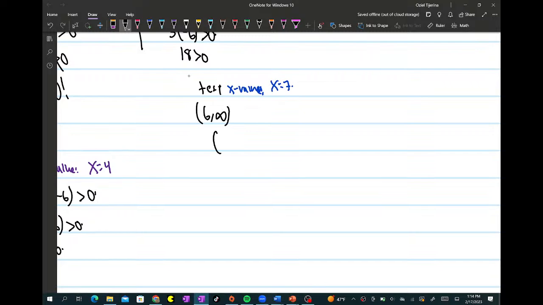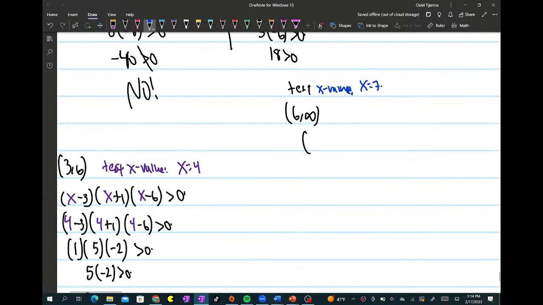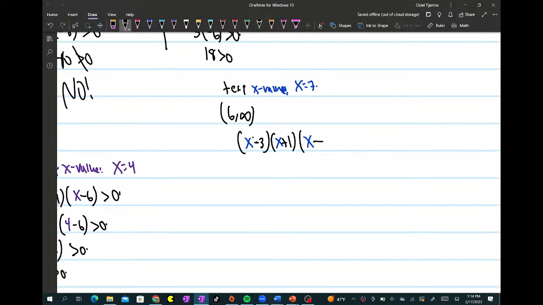So this becomes x minus 3 times x plus 1 times x minus 6 is greater than 0.